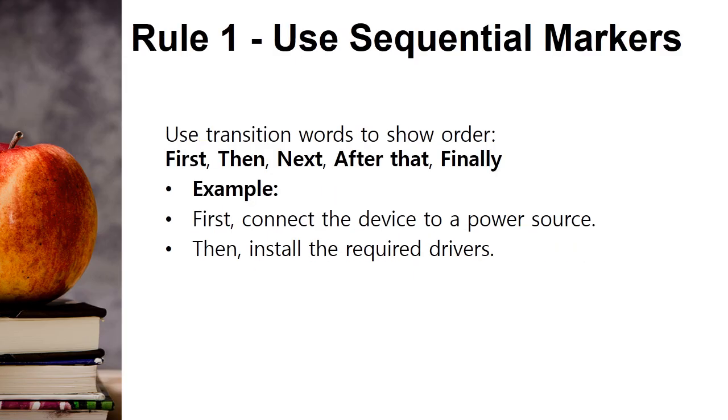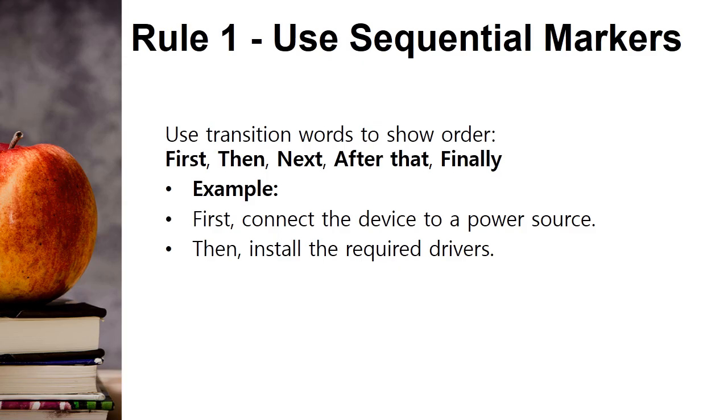A strong process description uses sequencing markers that guide the reader step by step. It is important to use these transition words. These markers make the flow easy to follow and prevent confusion for the user. Think of them as signposts that direct the user through a procedure.